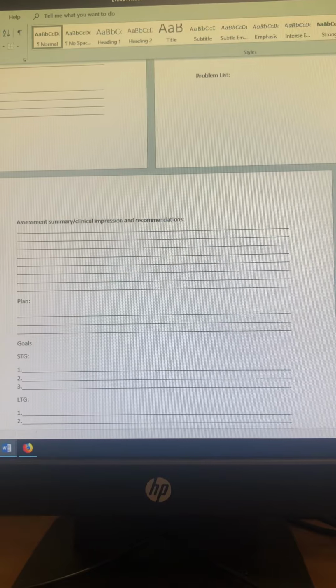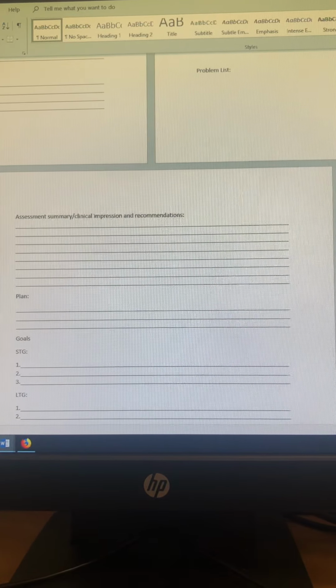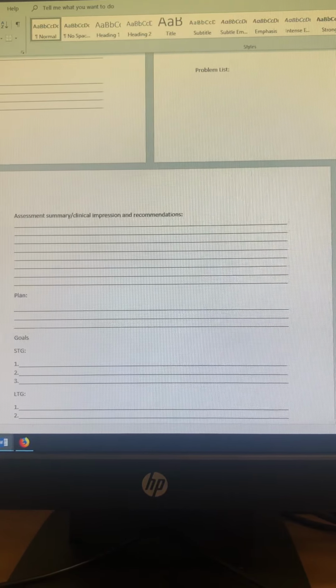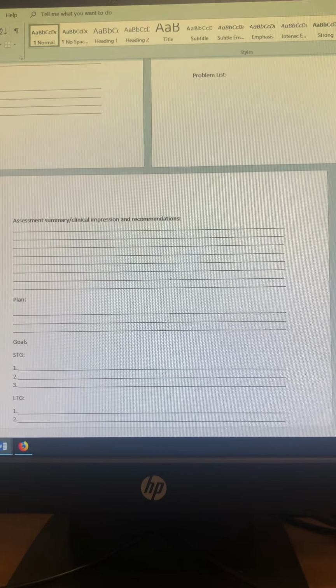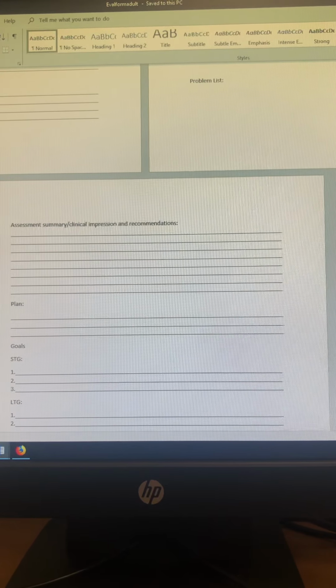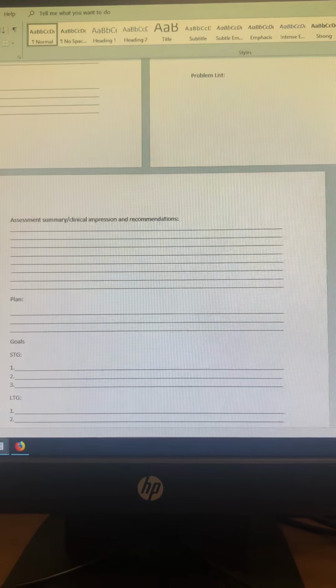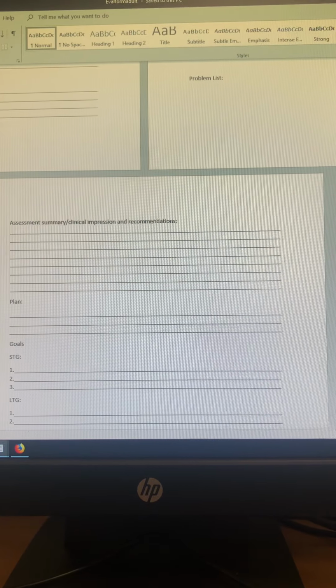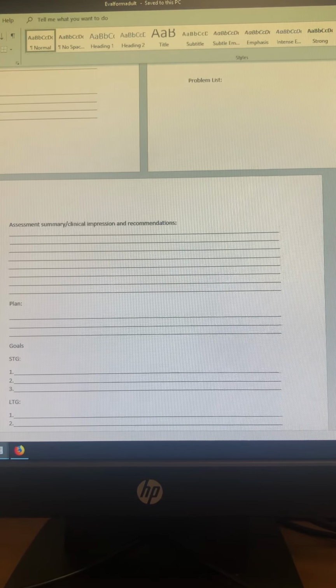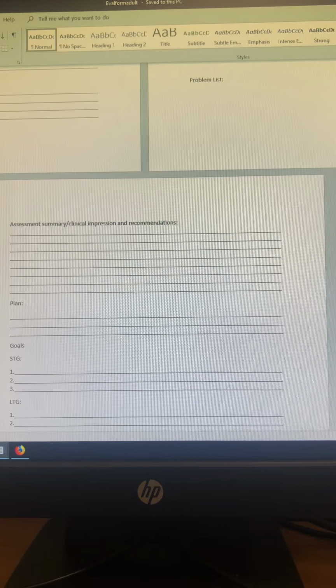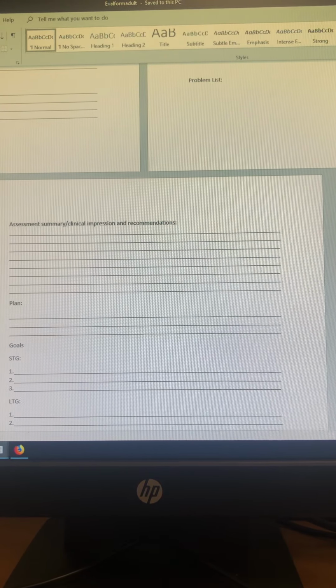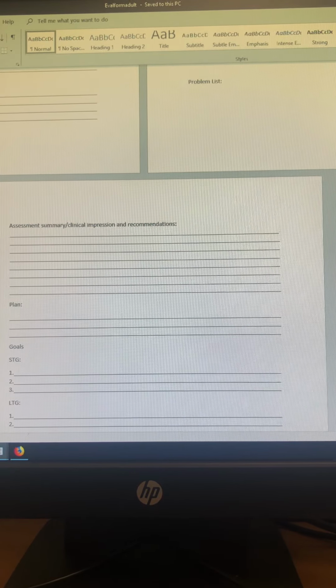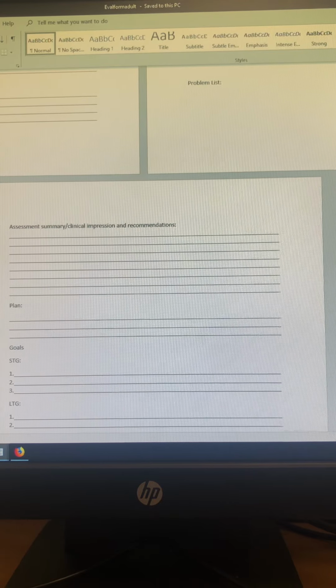So an example: patient has decreased endurance, functional mobility, functional transfers, and balance. Patient has inconsistent compliance with hip precautions, presents safety concerns during lower body dressing, toileting, and potential problems when showering. This affects the patient's ability to be safe with independence in ADLs. Patient presents with normal bilateral upper extremity strength.